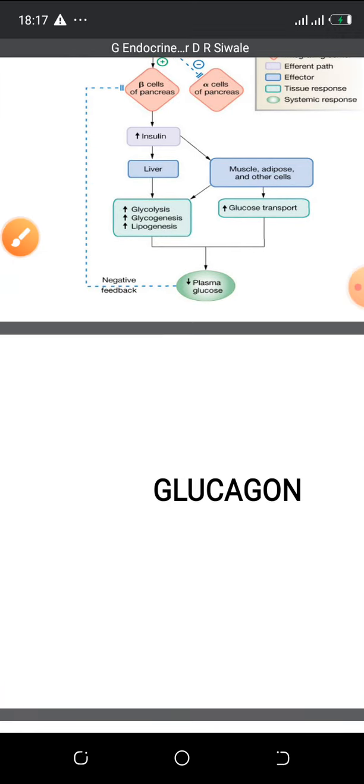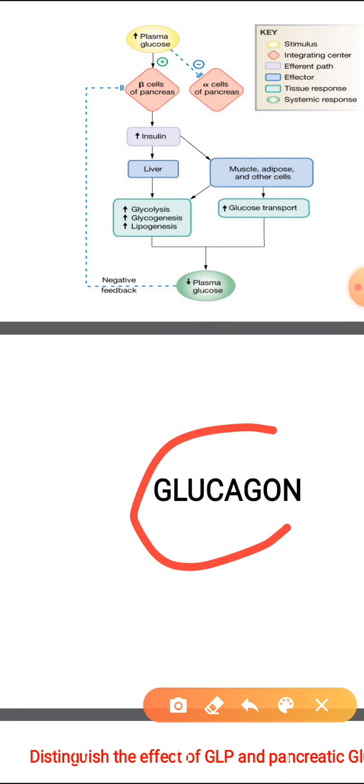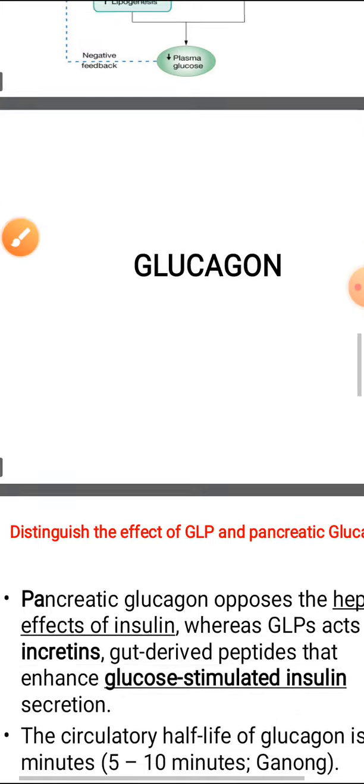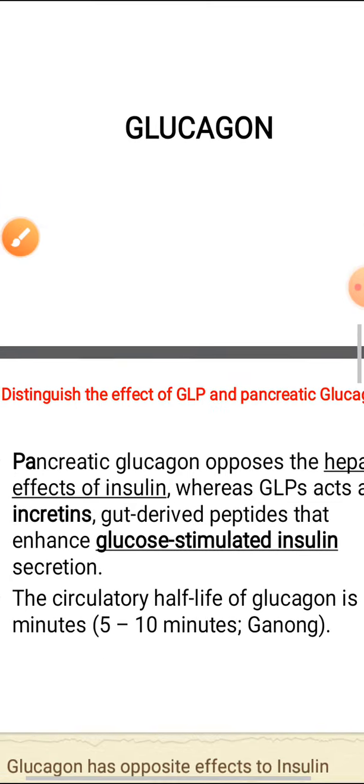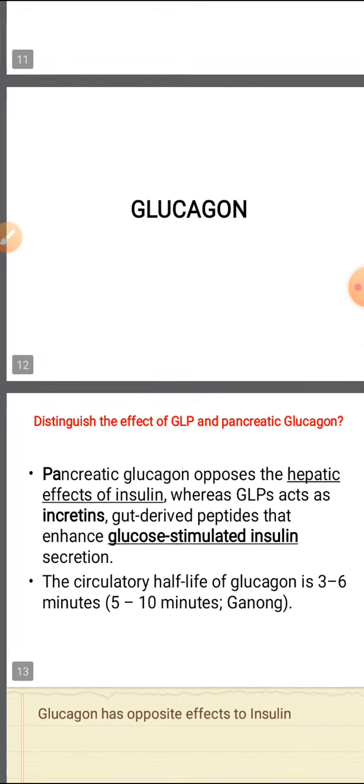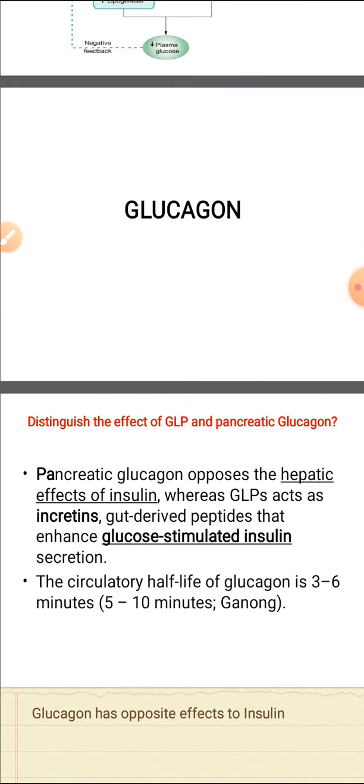Now, we cannot end without talking about glucagon. Glucagon has the opposite effect of insulin. We need to remember that. In other words, it opposes the hepatic effects of insulin. So it's very easy to remember this: pancreatic glucagon opposes the hepatic effects of insulin.